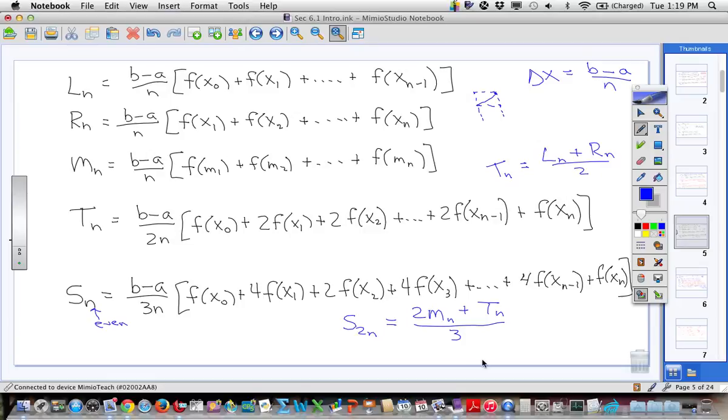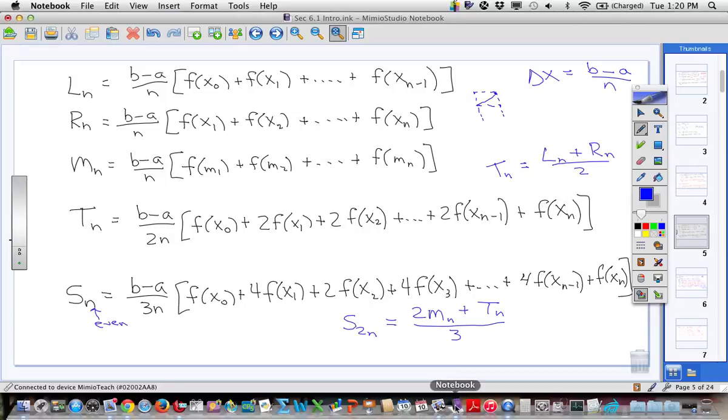You can either write out the long version here, or you can do the M4 and the T4, and then use this. To be honest, the long one is probably shorter than doing both of those and then adding them, but it's up to you, right? But that's Simpson's rule. Simpson's rule is a better approximation than any of these, just a little longer, whatever. That's Simpson's rule. All right.